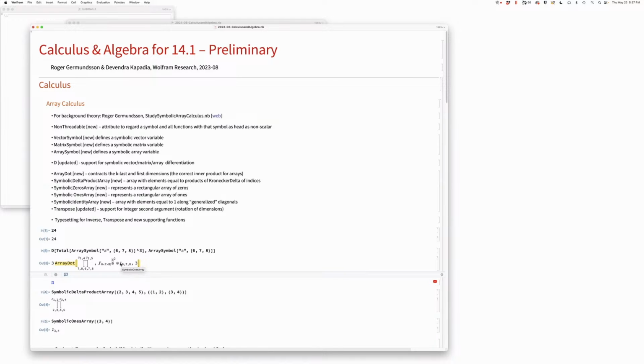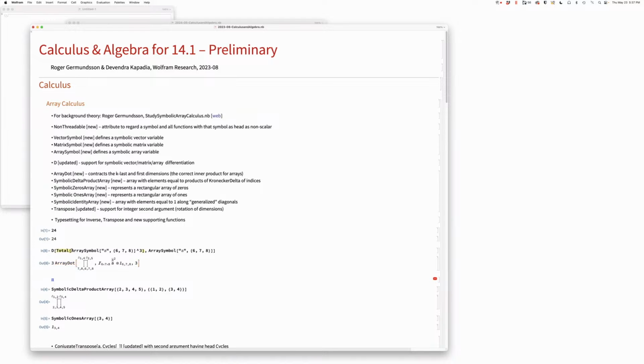Shouldn't the ones array be 6 times 7 times 8 down here? So what do you think the rank of the ones array is? It's got a bunch of ones going down the leading diagonal. So I think it's a 6 by 7 by 8 object. Am I wrong? You are correct.